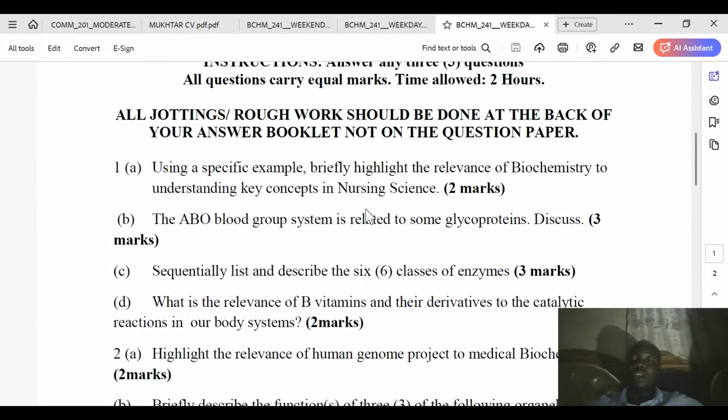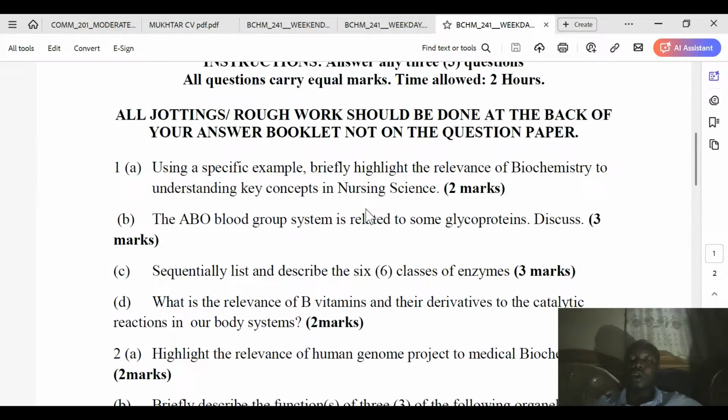So 1B says the ABO blood group system is related to some glycoproteins discussed. So I will say it again. Generally, ladies and gentlemen, we know that humans have different blood group systems.